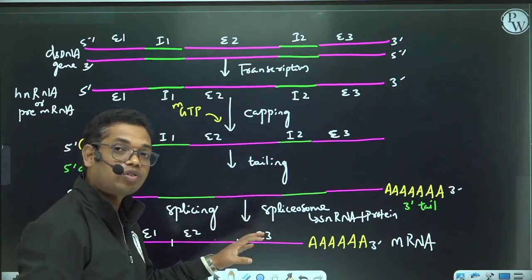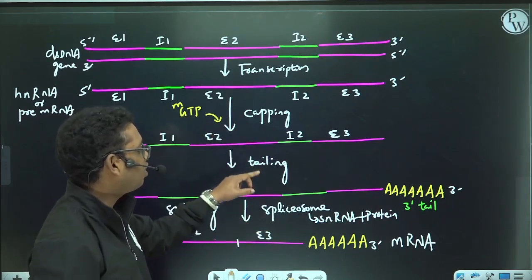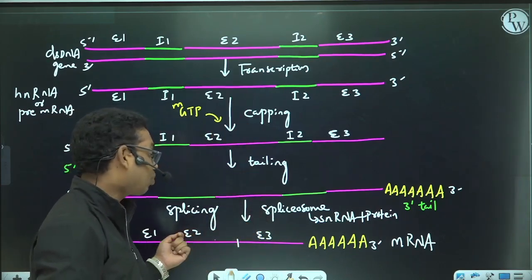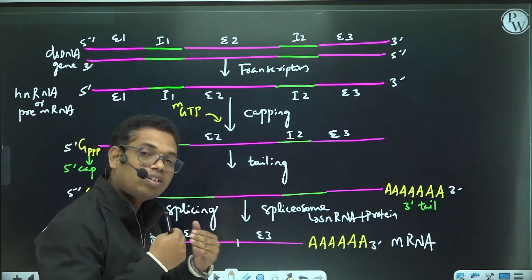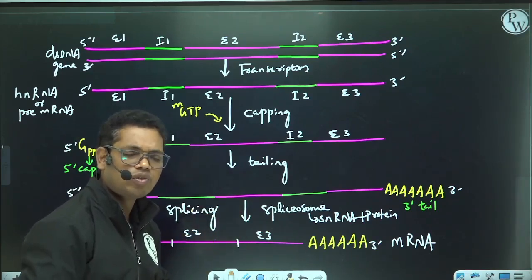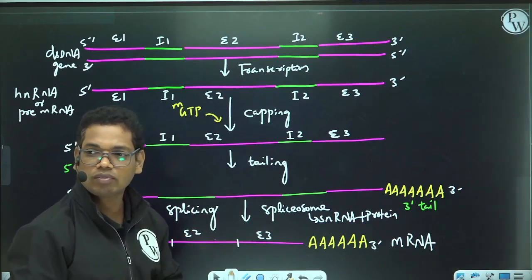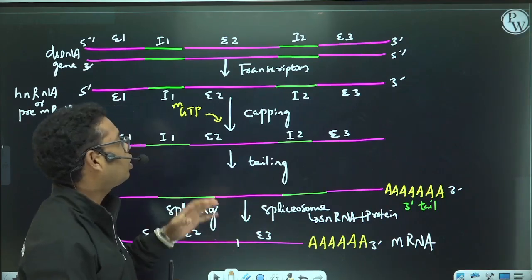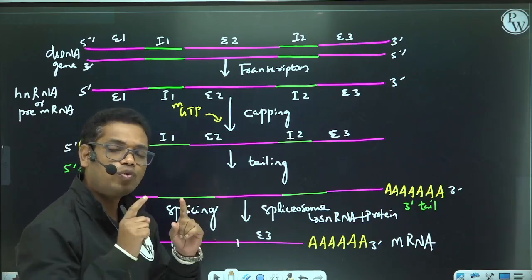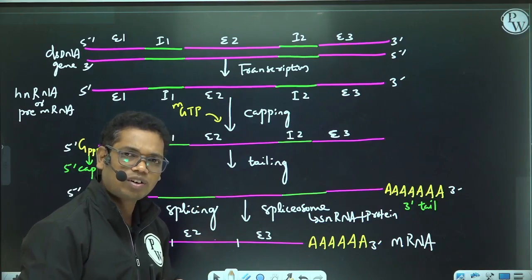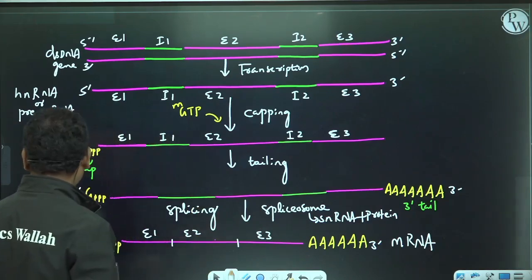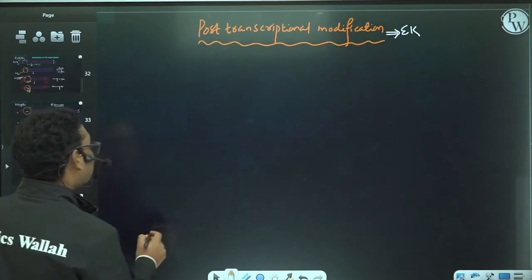What is the sequence of the events? It is capping, tailing, and splicing. What is splicing? Splicing is the removal of the introns and joining of the exons in a sequential manner. Clear? So this was about post-transcriptional modification with respect to pre-mRNA or hnRNA.